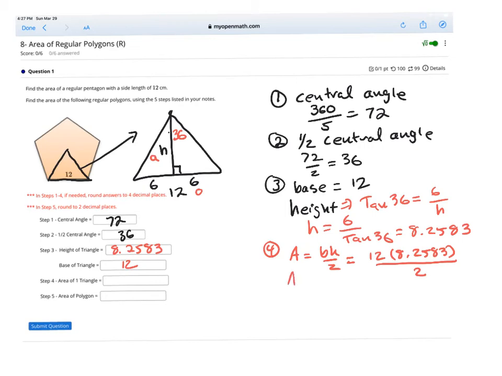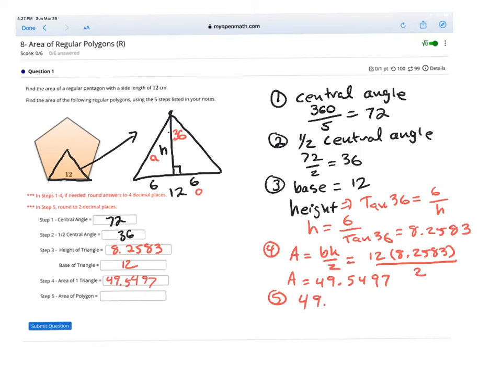And that will give me an area of just one triangle to be 49.5497. So that's what I'm going to put in here, 49.5497.